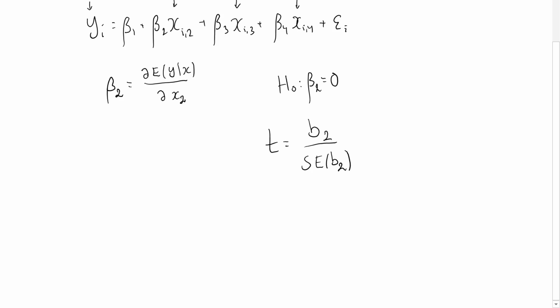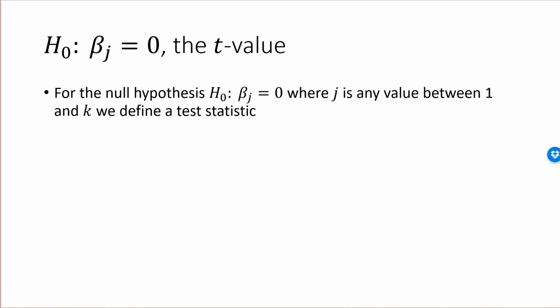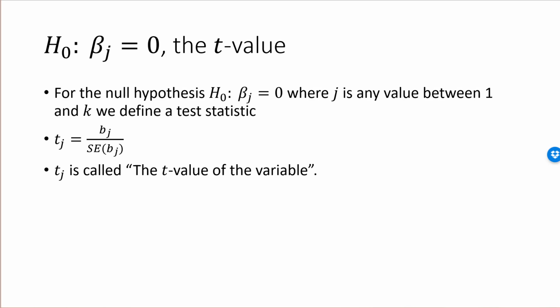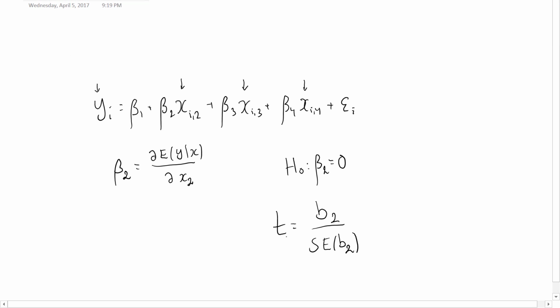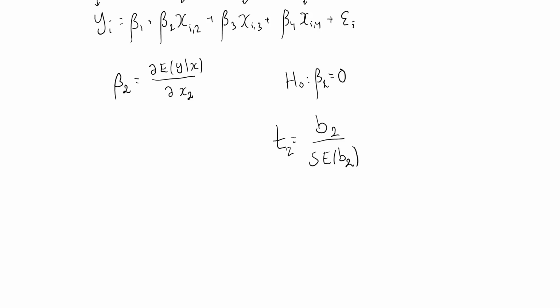So just in general, to describe this for an arbitrary beta j equal to 0, we define a t-value tj, which is bj over standard error of bj. So we're going to call this the t-value or the t-statistic for the particular variable. So t2, if we put a 2 here, this t2 is the t-value for SATV.